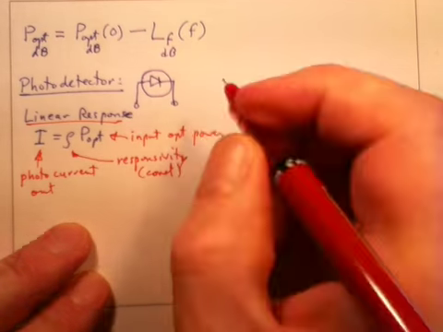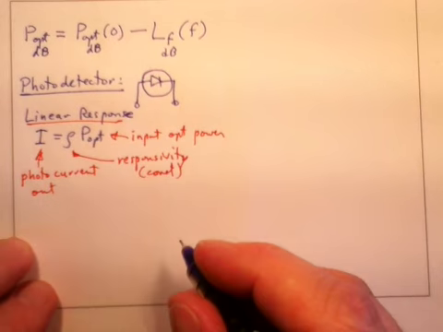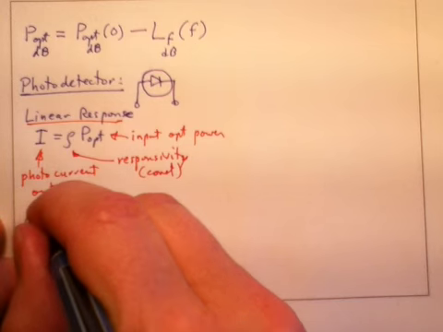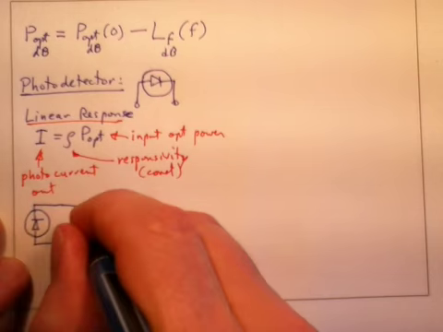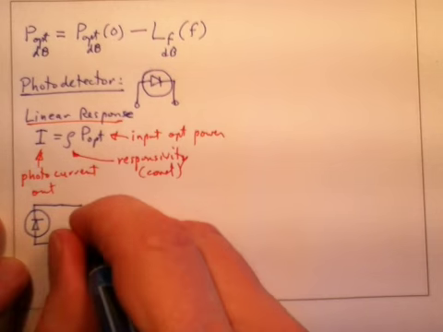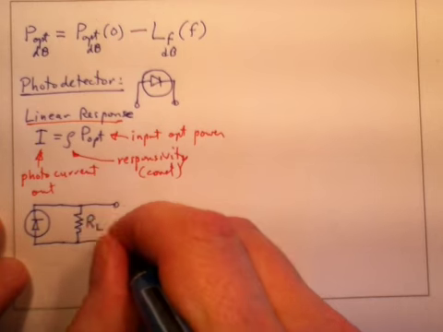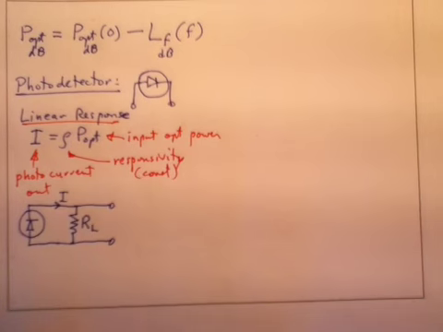We're going to use this simple model and put our photodetector into a circuit where we've got a load resistor now. We have to do something with this photocurrent, so we're going to drive it across a load resistor so we get a voltage output and we can use it.